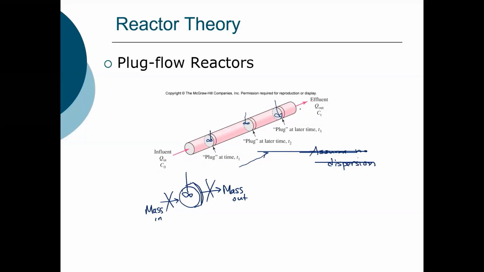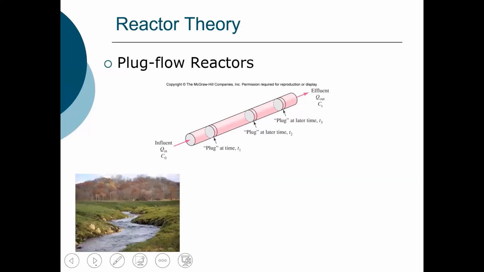So the concentration of your chemical that you're looking at is the same at any point in the parcel. But the concentration at T1 is not necessarily, unless there's no reaction, the same as the concentration at T2, which is not the same as the concentration at T3. Okay, so as long as we have a reactive chemical, the concentration in the parcel at each of the times will vary.